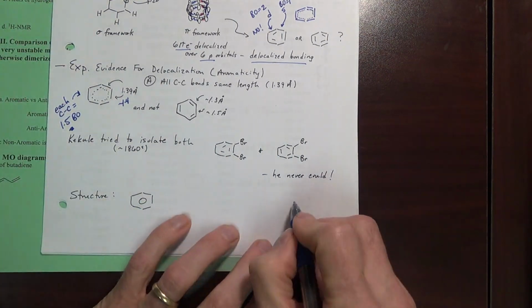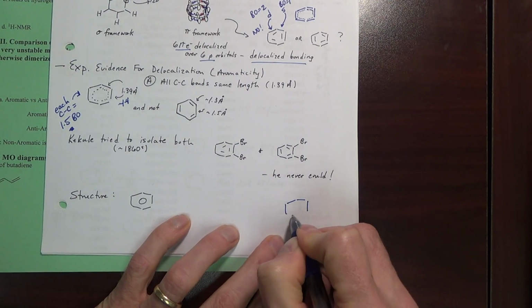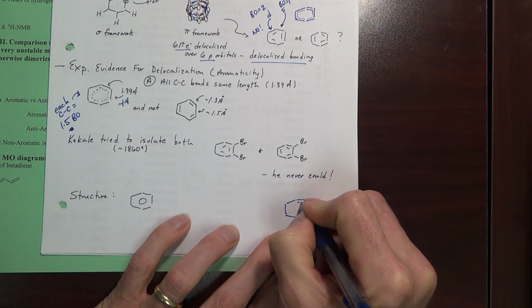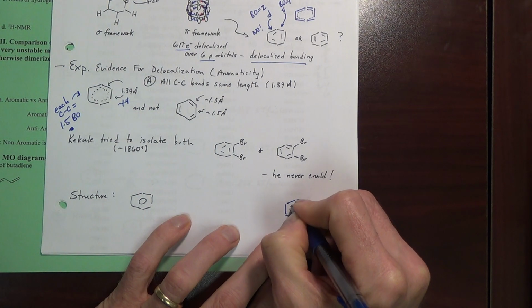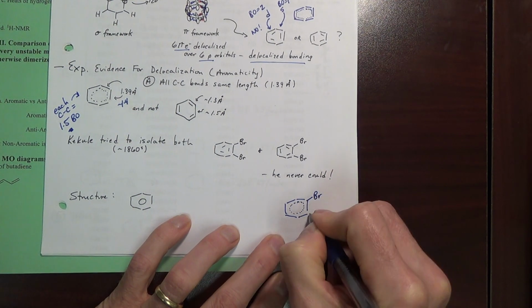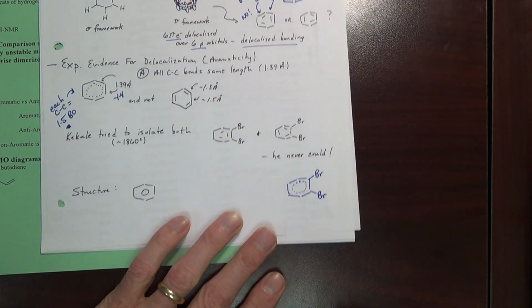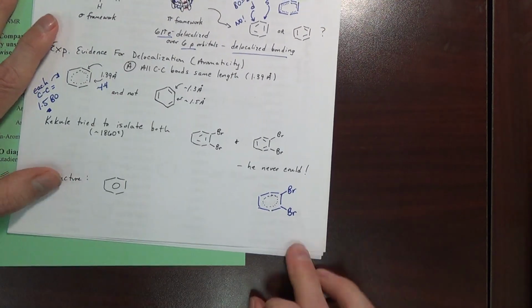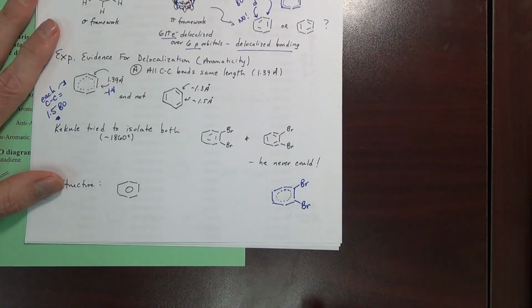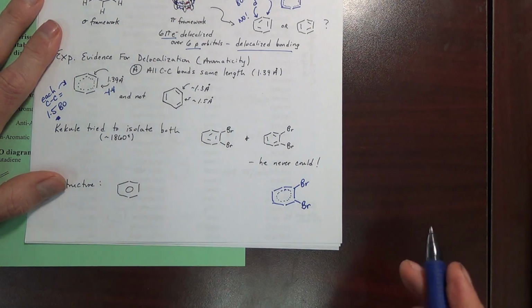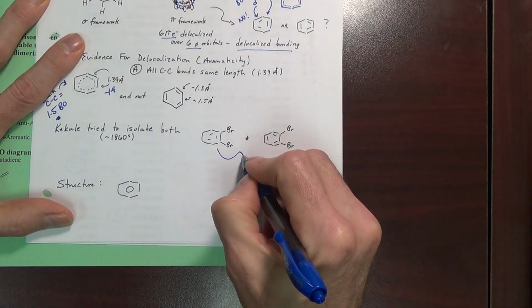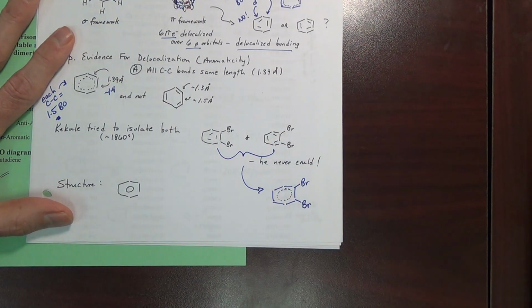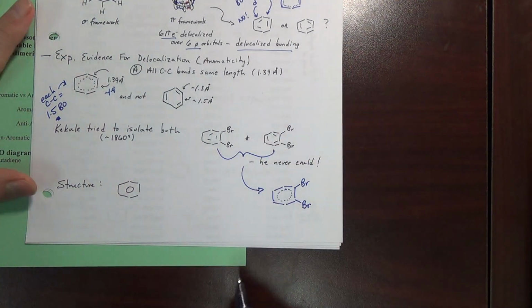That's because the real structure is a bond and a half all the way around, okay? And the bromines are there. These are the same. They are both this. It's just one molecule.